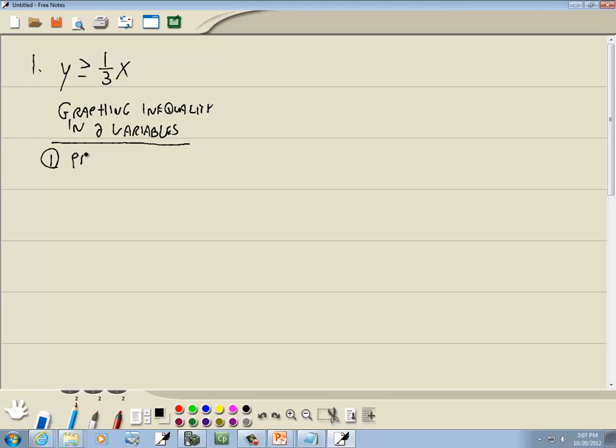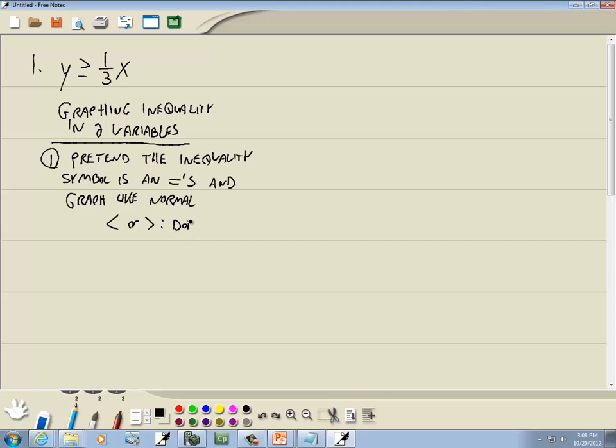Step 1: Pretend the inequality symbol is an equals and graph like normal, with the exception that if you have a less than or greater than, it's going to be a dotted line. If you have a less than or equal to or greater than or equal to, it'll be a solid line.